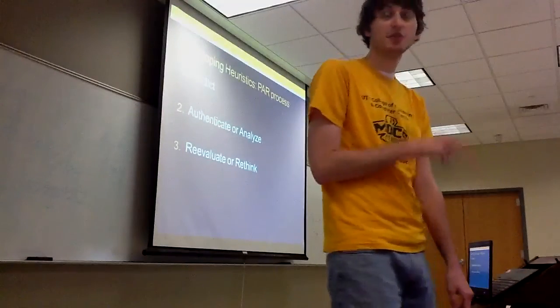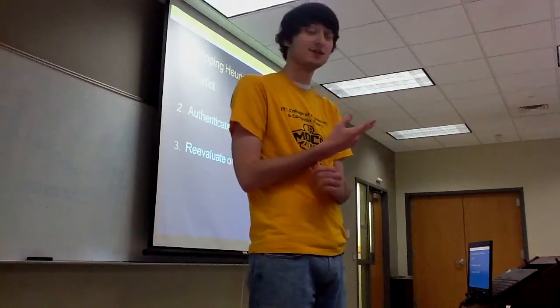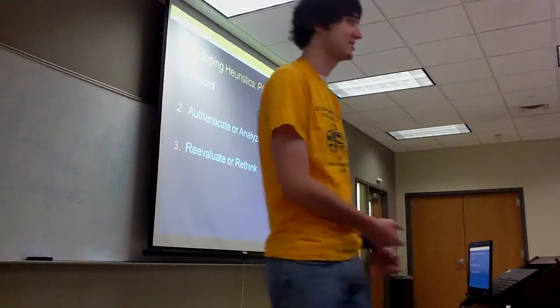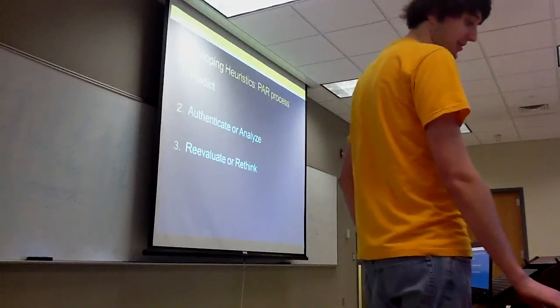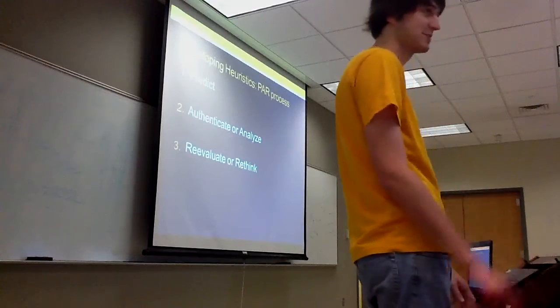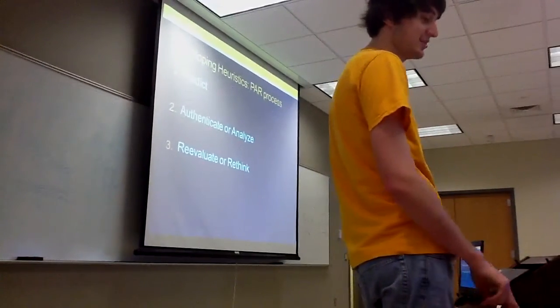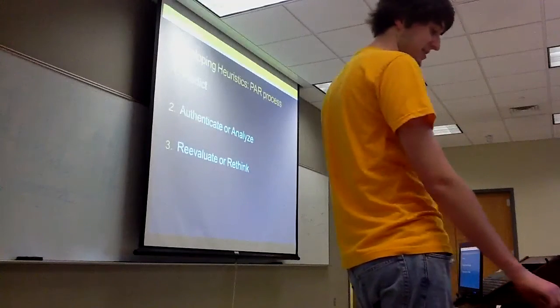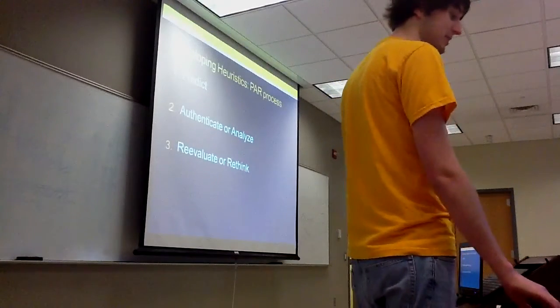And then you compare the two when you reevaluate, to see if your prediction, your close approximation, is close enough to the actual answer. So you'd have to do this many times before you can finally say that you have a heuristic for that process, because different scenarios will change how well it works.